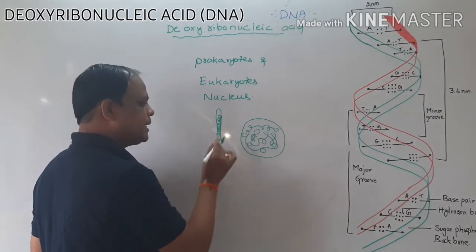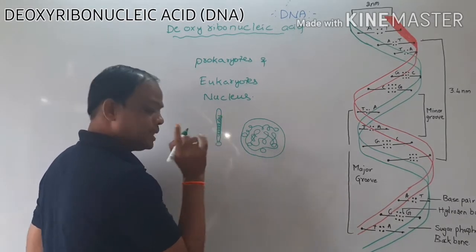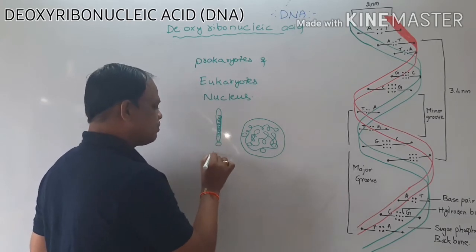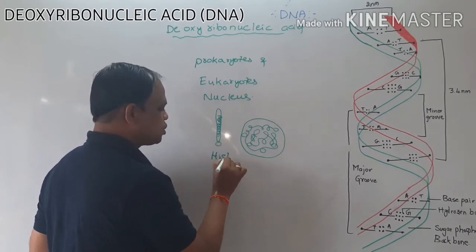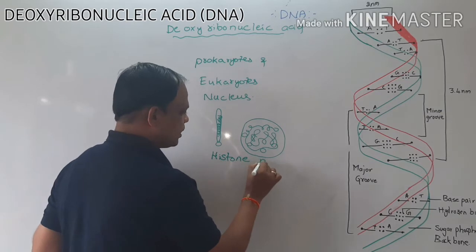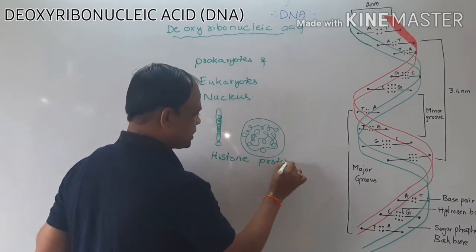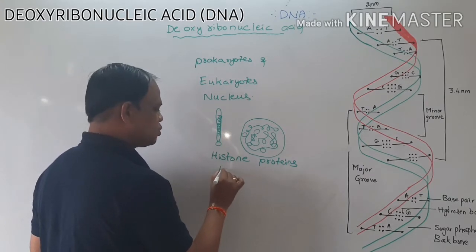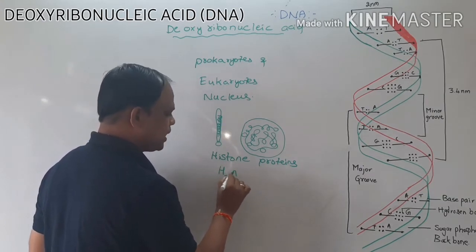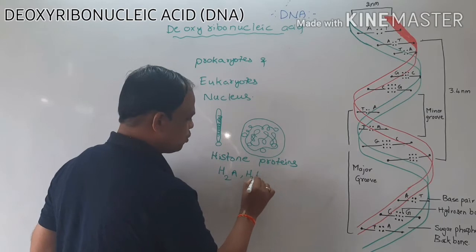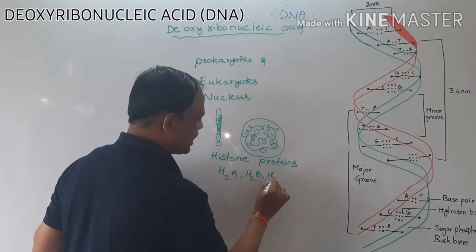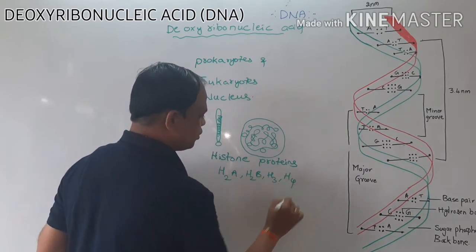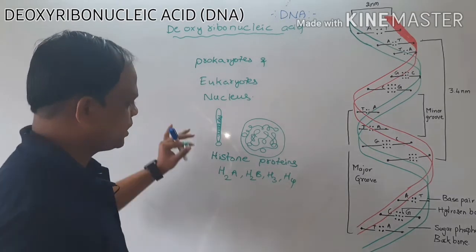The DNA is associated with a special type of protein called histone proteins, mainly H2A, H2B, H3 and H4. These are the histone proteins.